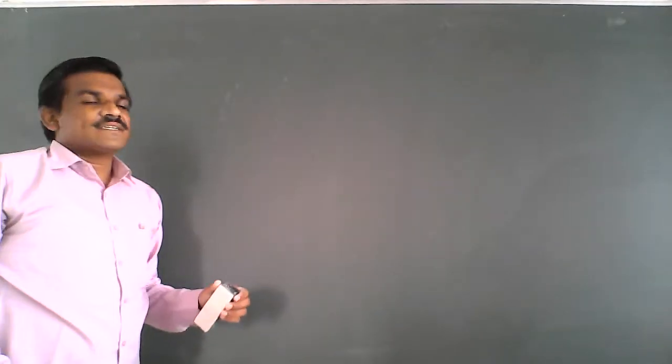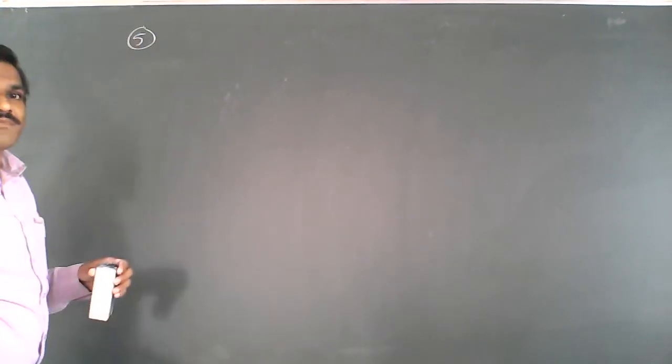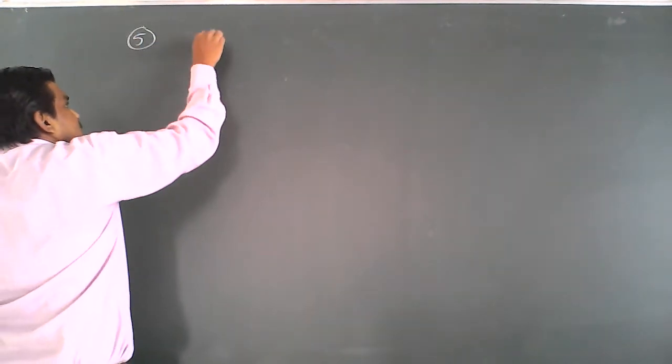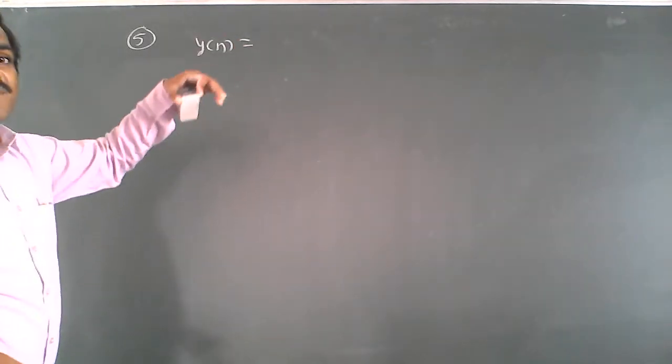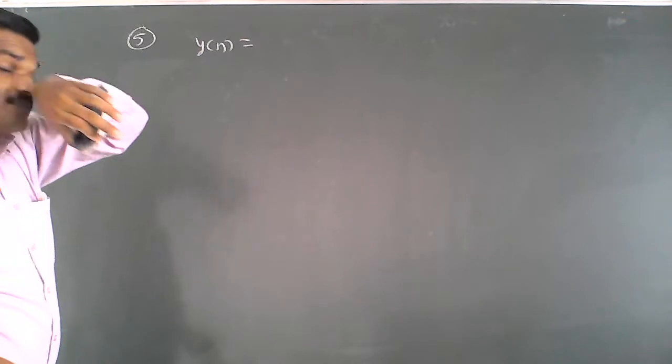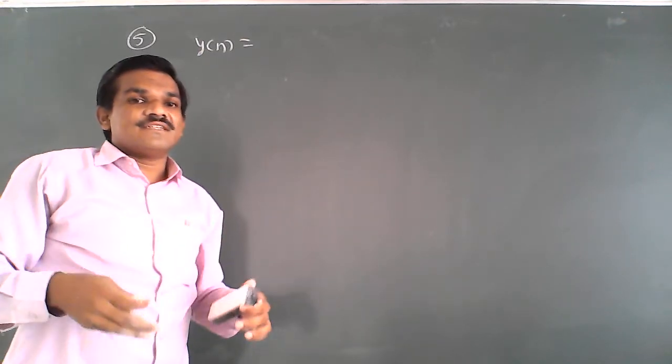Now let us consider the fifth problem. Consider problem number 5. y of n has been given for some values: n greater than or equal to 1, n equals 0, and n less than or equal to minus 1.